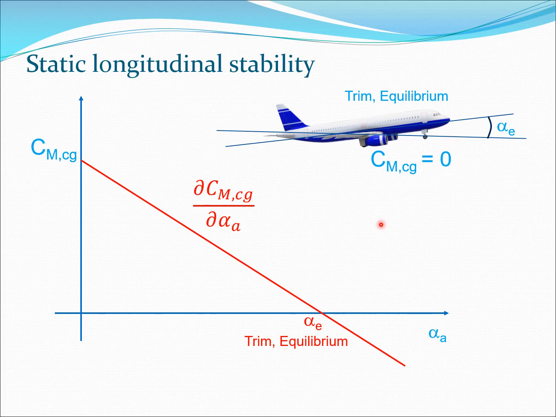This particular trim or equilibrium condition of the aircraft is the point where this red line intersects with this axis here. So this is the point where CMCG equals 0, alpha equals alpha E, and this is known as the trim or equilibrium condition of the aircraft. Again, recall that the slope of this line is given by dCMCG by d alpha A.